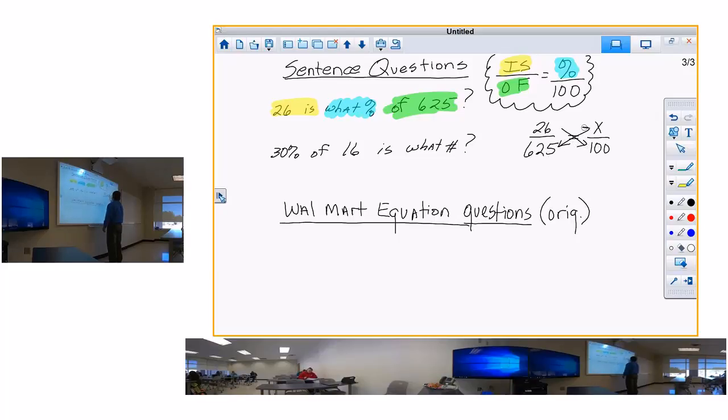And now we do what? Cross multiply and solve for what? X. So 625x is equal to, this is easy, what's 26 times 100? 2600. And divide by 625.